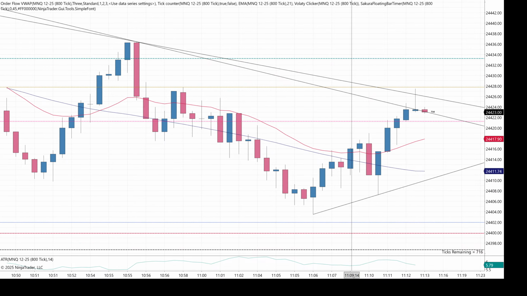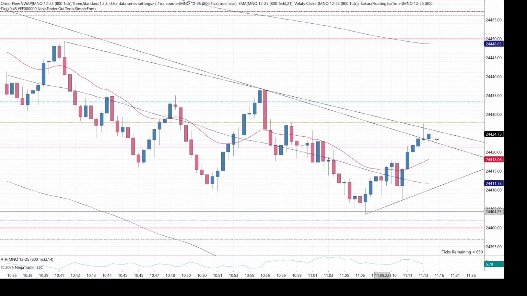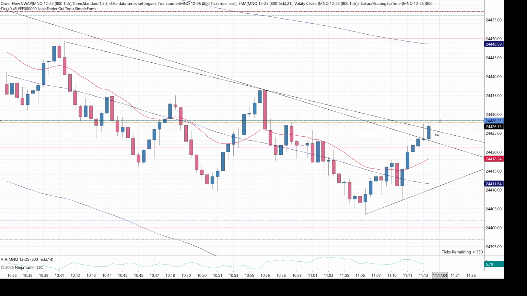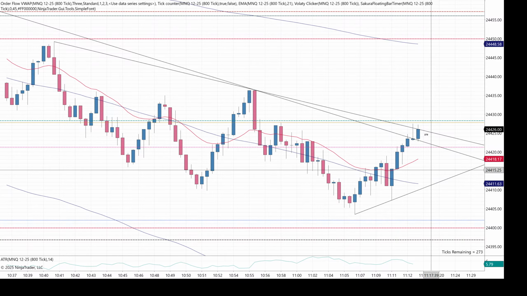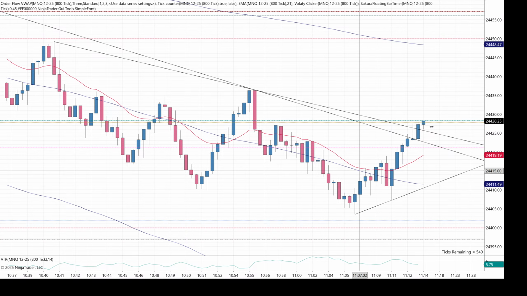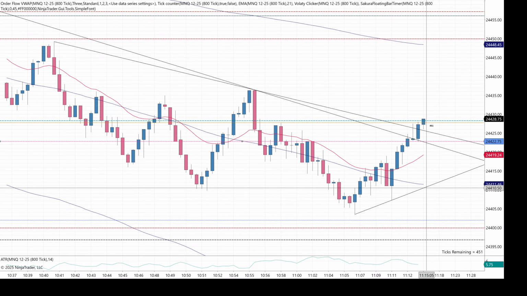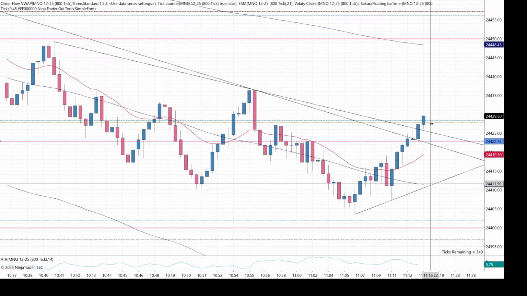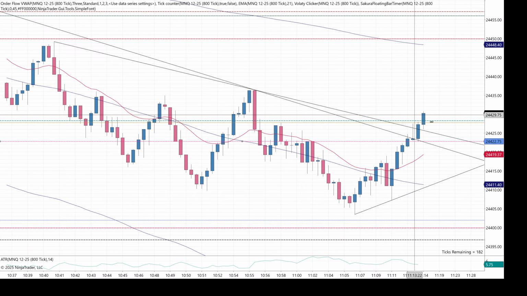Yeah, it's just... We're testing 28, at 28. Might take this trade as a continuation trade higher here.